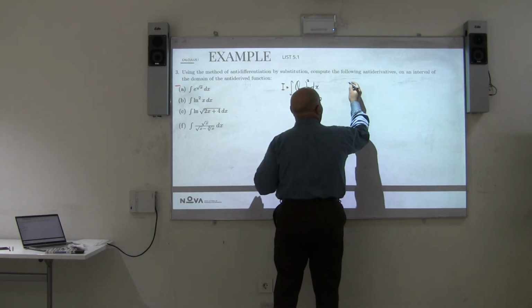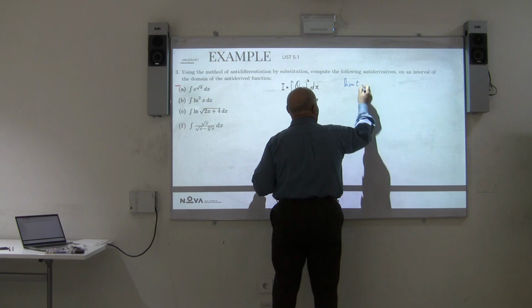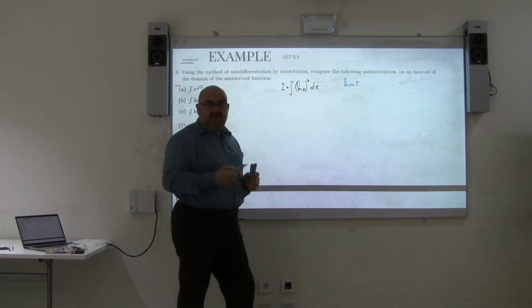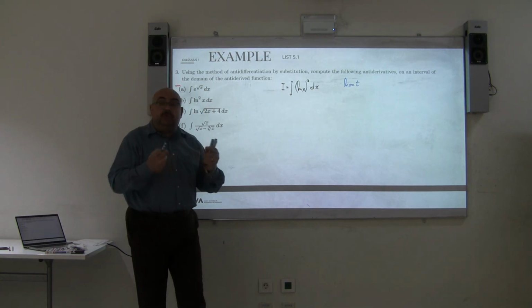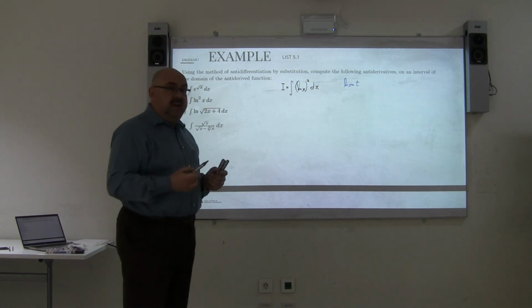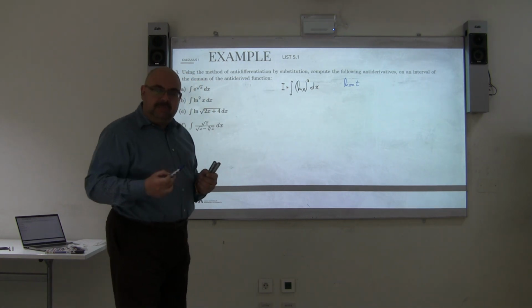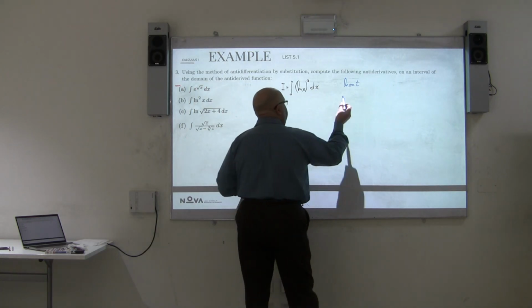So once more, I will put ln x equal to t. This is the idea: I'm searching for the part of my problem that is causing all the problems, the not very nice part. So I will let ln of x equal to t.